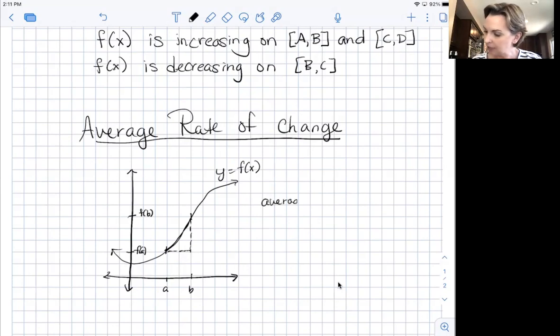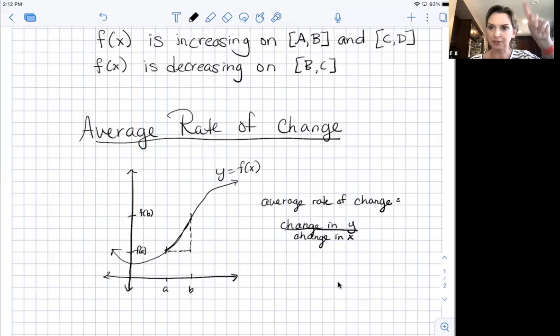The average rate of change was the slope. And the way we calculated the slope was the change in y over the change in x. Maybe you wrote that as delta y over delta x, but some way you wrote the change in y over the change in x.